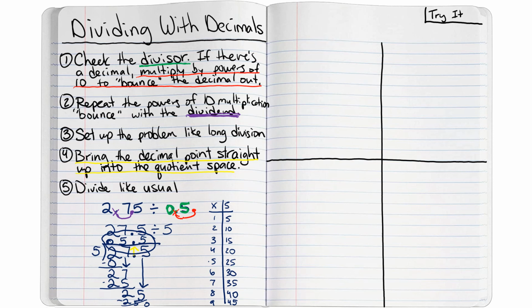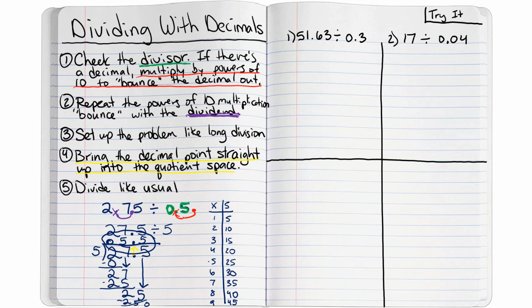Problem number 1 is asking us to do 51 and 63 hundredths divided by 3 tenths. Problem number 2 is asking us to divide 17 divided by 0 and 4 hundredths.